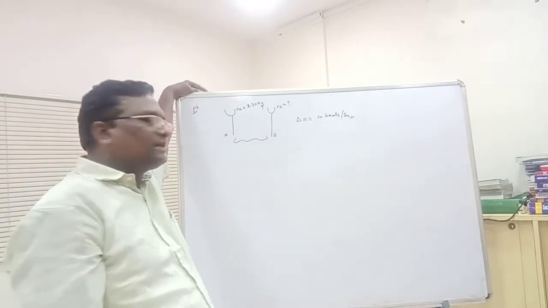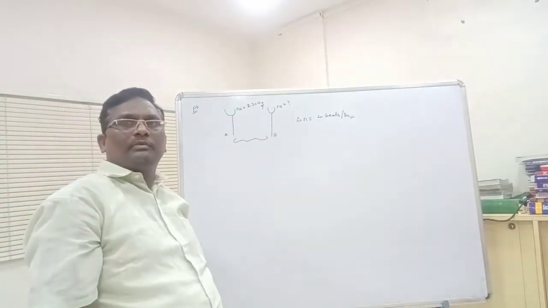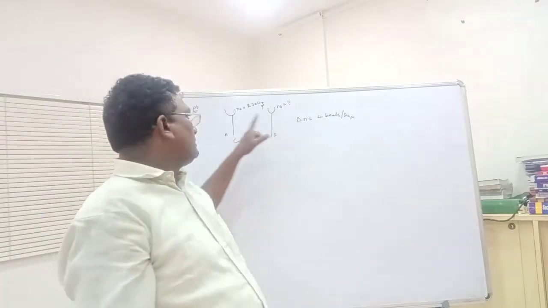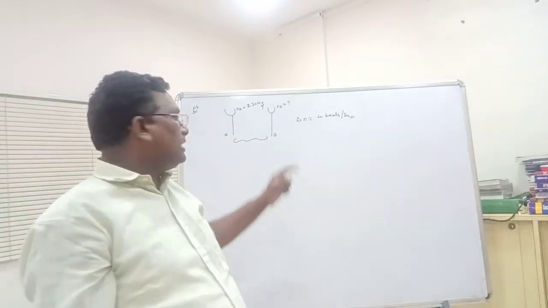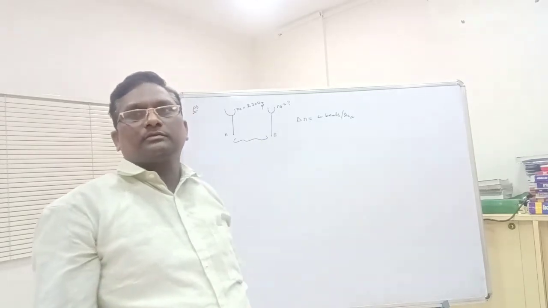In the problem itself they have given like this. So two tuning forks A and B are vibrated together, then 4 beats per second are produced. The frequency of tuning fork A is 230 Hz, and we don't know the frequency of tuning fork B. That we are going to find out.